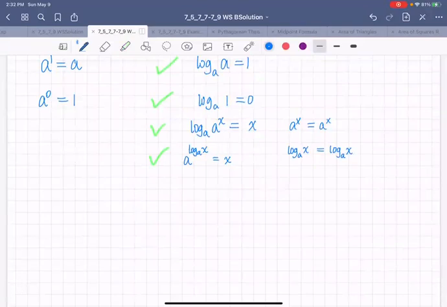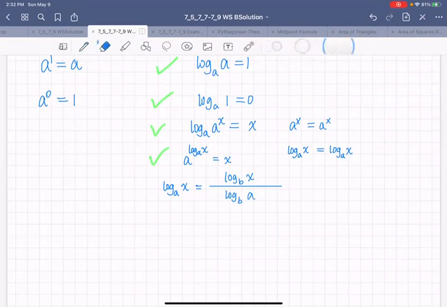Next one might be the most important one, the base change rule. Log base a of x I'm going to make equal to log base b of x over log base b of a.